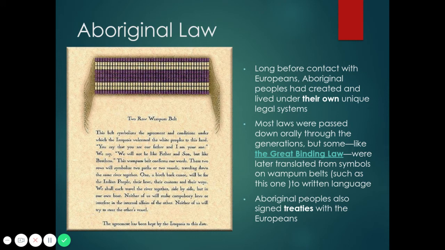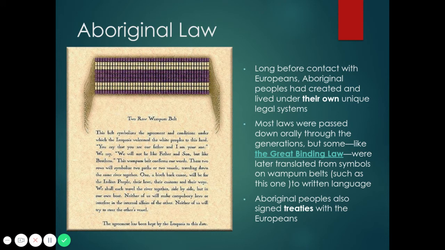And so they abolished the importance of territory, decided instead to welcome those who entered their territory, and then guarantee the visitors' safety. When the founding fathers of the US were writing their constitution, they borrowed heavily, actually, from the Great Binding Law. So that's one legal document that's really significant.